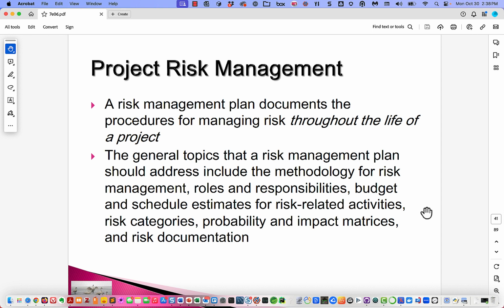So, a risk management plan documents procedures for managing risks throughout the life of a project. The general topics that a risk management plan should address include the methodology for risk management, roles and responsibilities, budget and schedule estimates for risk related activities, risk categories, probability and impact matrices, and risk documentation.